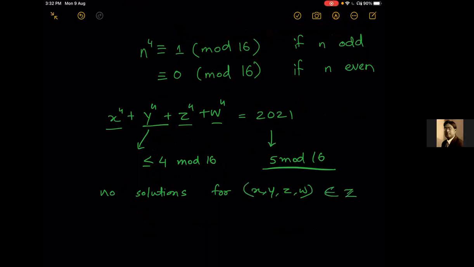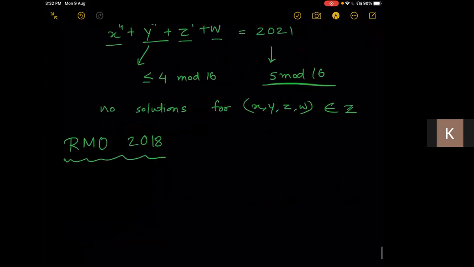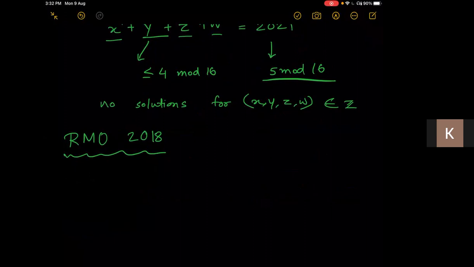So let us do a similar example. This is from RMO 2018. This is the paper in which I appeared actually. And Snehin Bhaiya got full marks, 102 out of 102. No, actually, I think this is 2017, not 18.